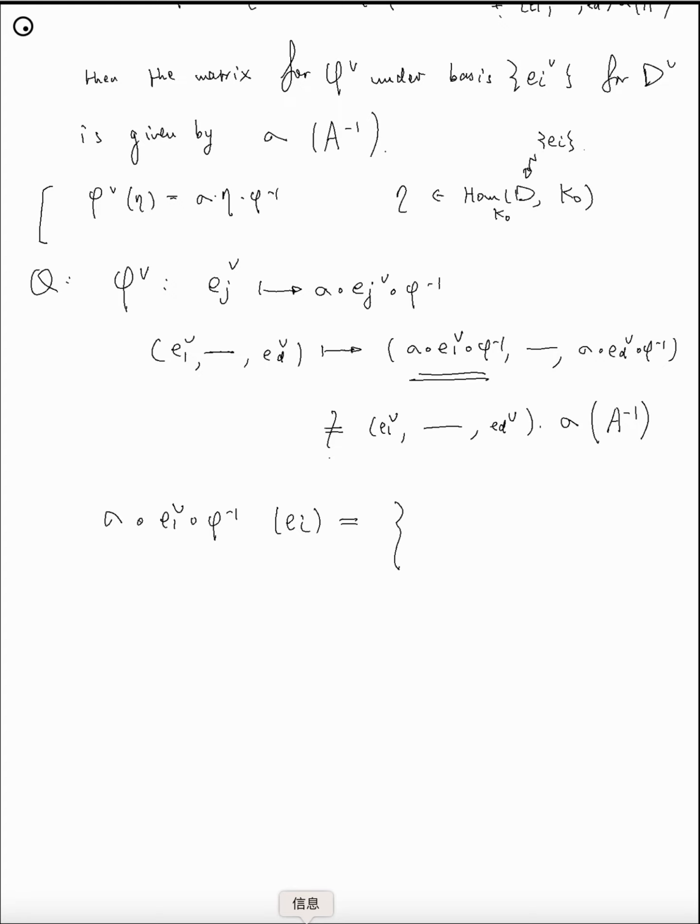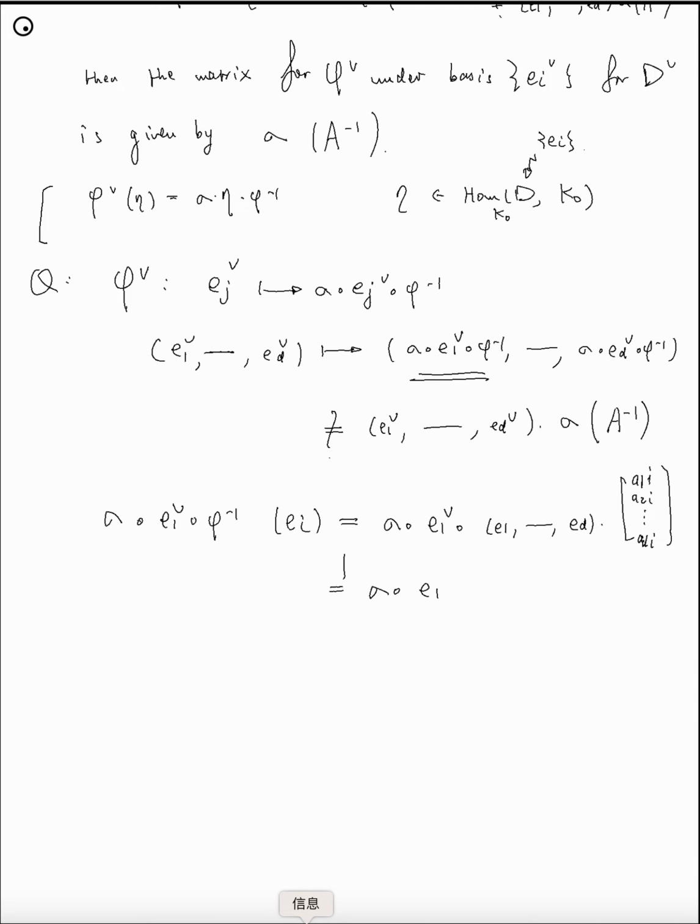So this is sigma compose E1 du compose phi inverse of EI. This would be the matrix A, and then multiplication with the ith column, A1I, A2I, ADI, right?